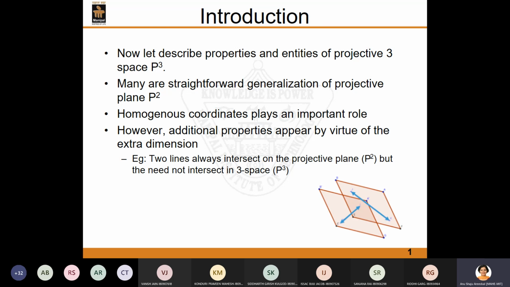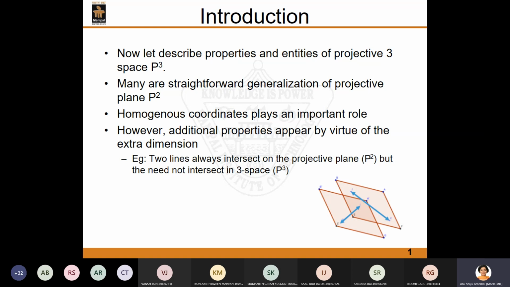First we'll go through the different mathematical models used to represent the various 3D geometric primitives, such as a point, a plane, a line, etc., and how we represent them in 3D space.